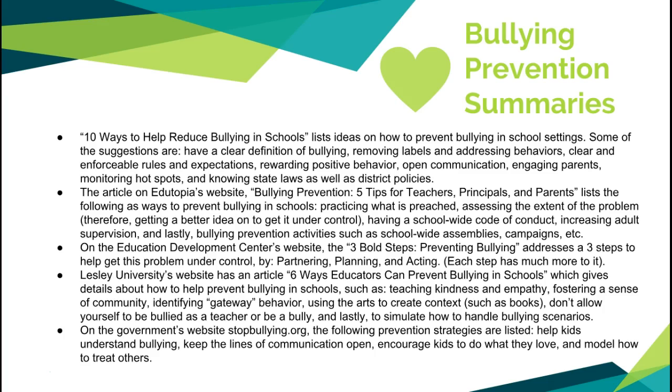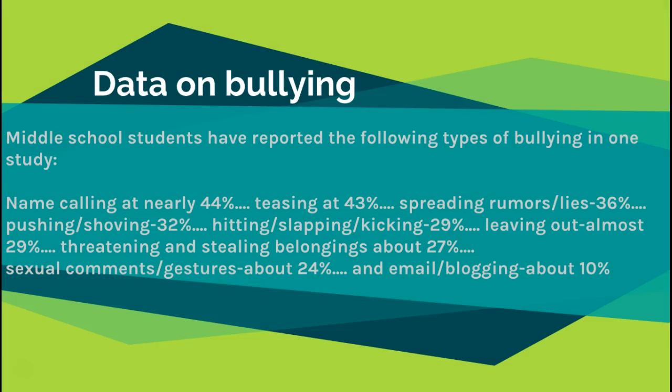One of them mentioned identifying gateway behaviors, which are behaviors to keep on the lookout for that bullies tend to exhibit, just if they are to become a bully in the future. And they all said roundabout the same sort of prevention strategies.